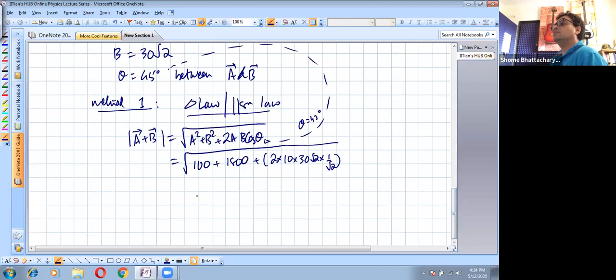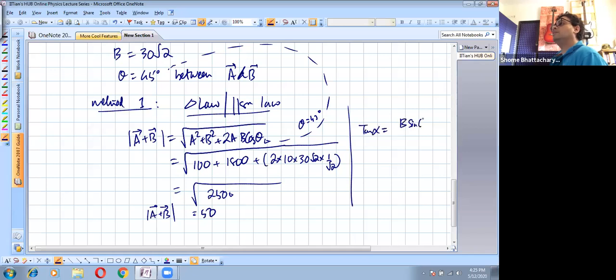So that will simply give you 50. That becomes my mod of it. And along with that, you also have the formula tan alpha is B sin theta upon A plus B cos theta. So in that you substitute these things.